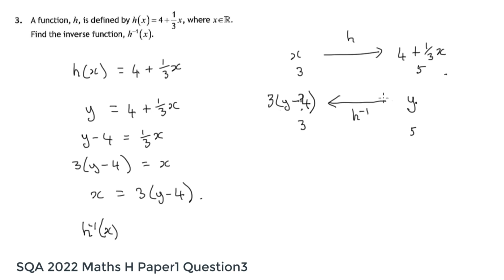In this case we'd put y in, and this is what we do to y. So if we put x in, this is what we'd do to x. We'd get 3 lots of x minus 4. So we're just swapping the roles of x and y around here, because normally we give descriptions of functions with an x. So h to the minus 1 of x, the inverse function, has this as its formula.